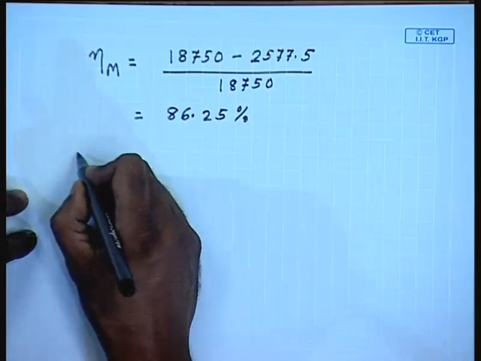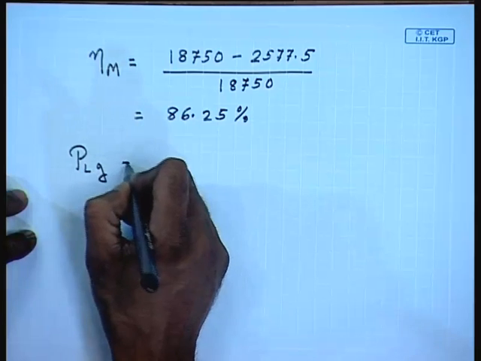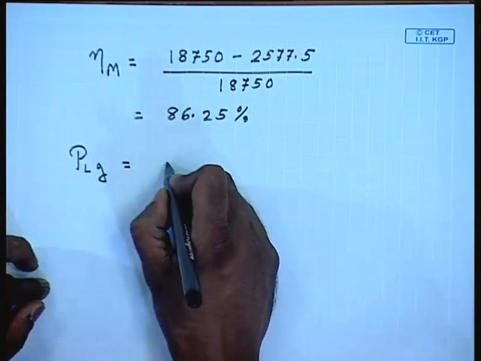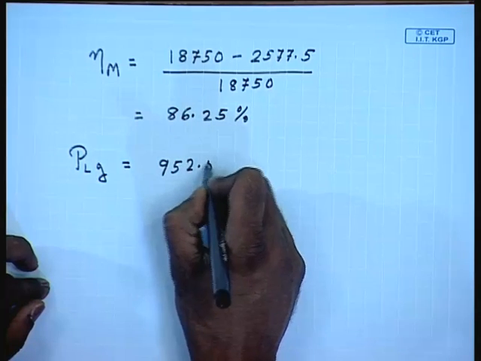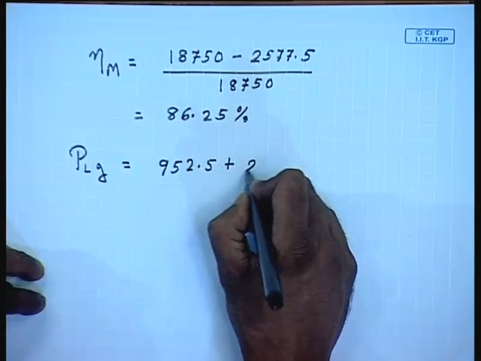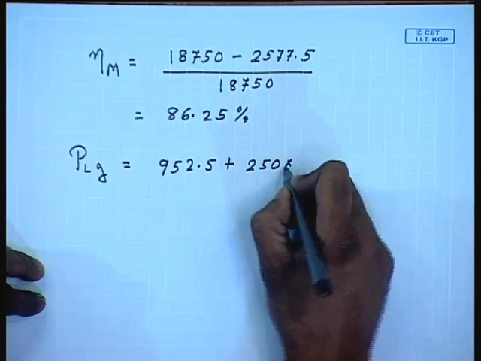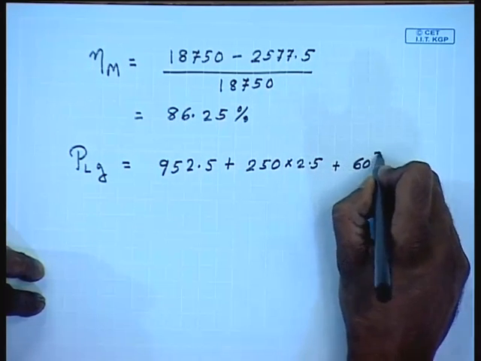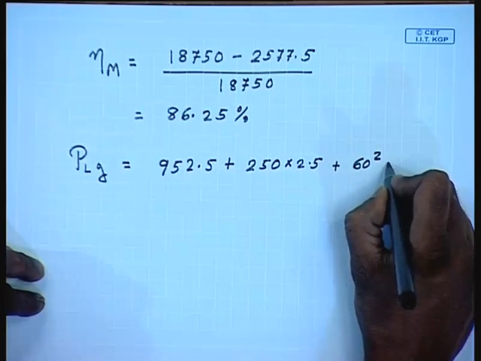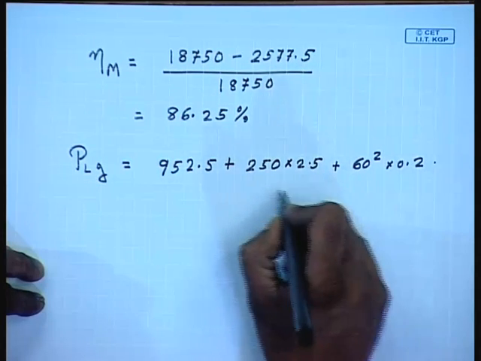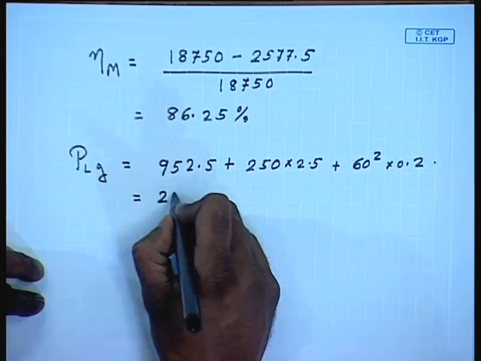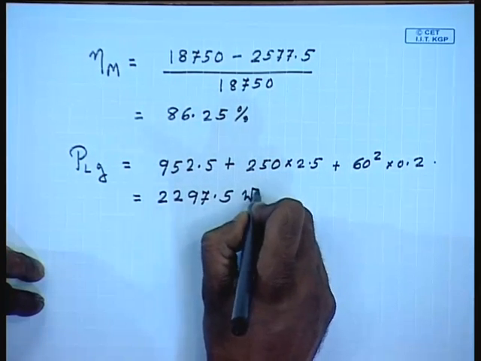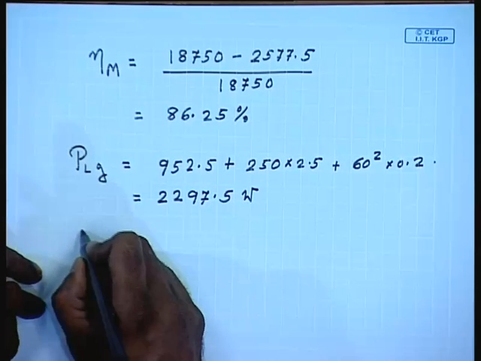In a similar manner, the loss in the generator comes to 952.5 plus the generator field loss, which the field current is 2.5 amperes, plus generator armature current square into armature resistance, this comes to 2297.5 watts.